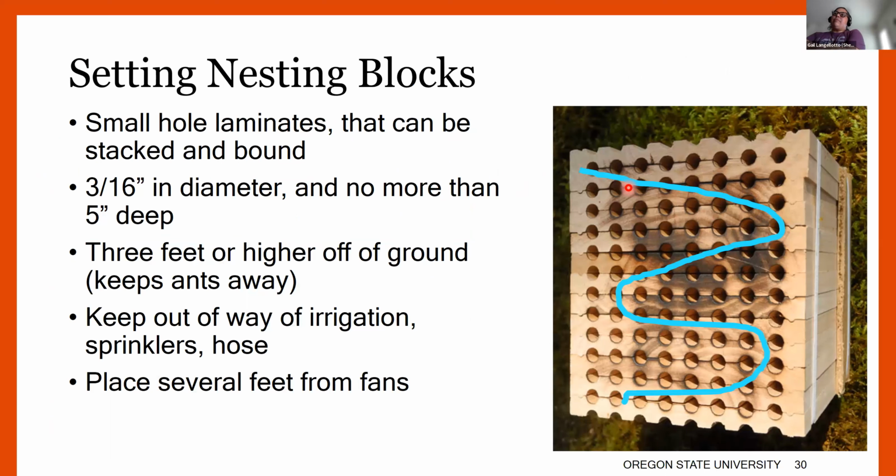Little thing about nesting blocks that are used with alfalfa leafcutter bees, these Megachile rotundata, they like holes that are 3/16 of an inch in diameter, and their cavity nests don't go very deep. So in general, folks don't make these nest blocks larger than 5 inches deep. These nest blocks are oftentimes drilled down the center so that they can be stacked, as many as you need together.